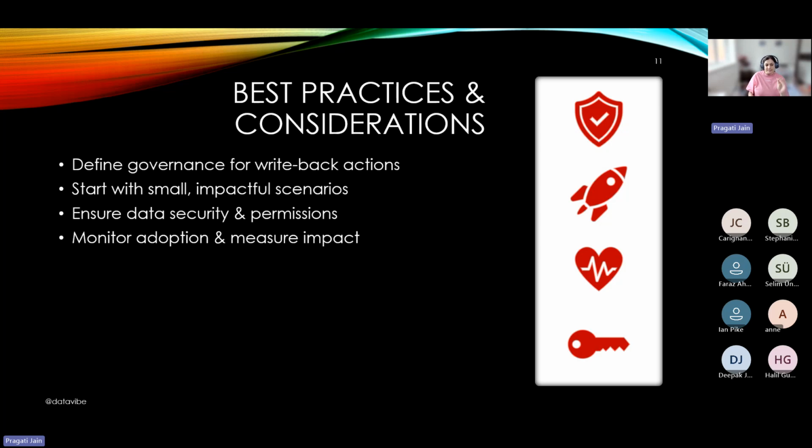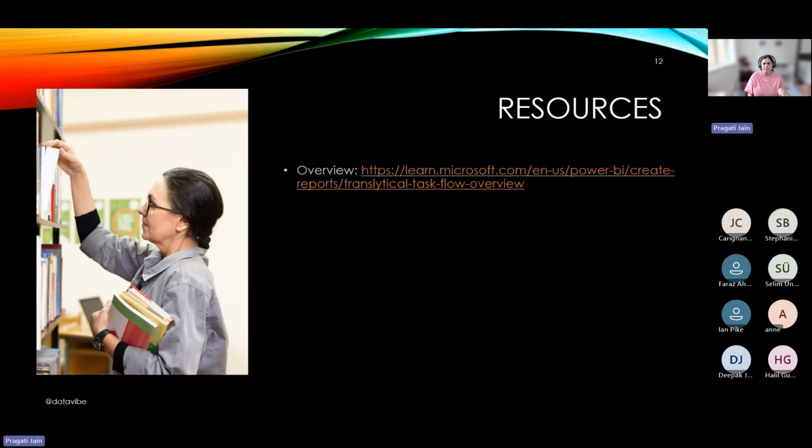This is a very strong scenario of writing back directly to the database within the Fabric environment, so we should measure what kind of impact it's having. Mostly I think it will really help business users to take actions, but it's always good to measure and monitor things within the environment because things can go wrong very easily.